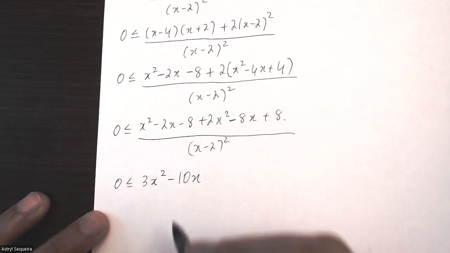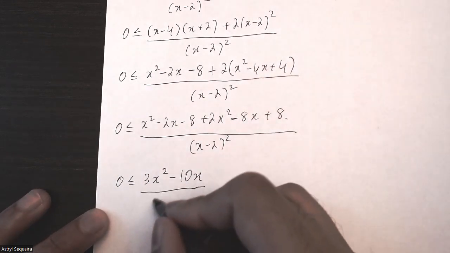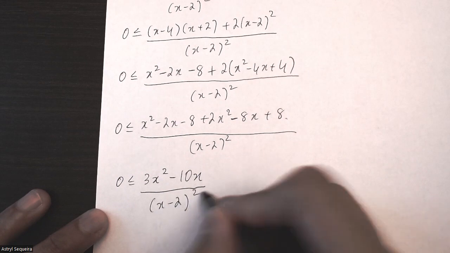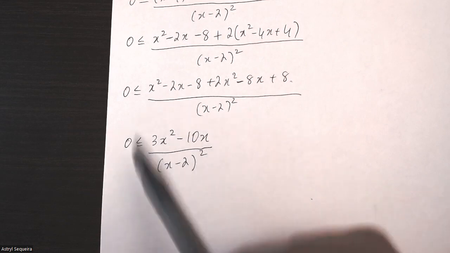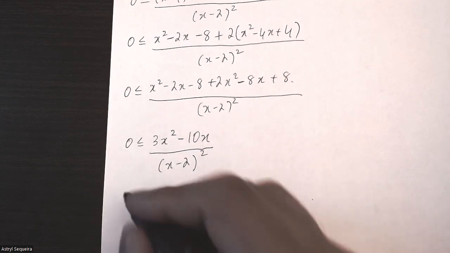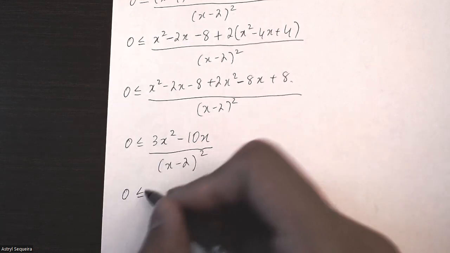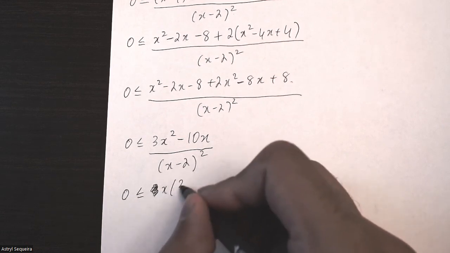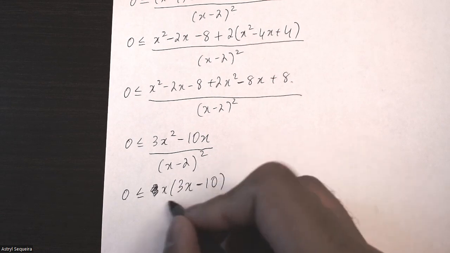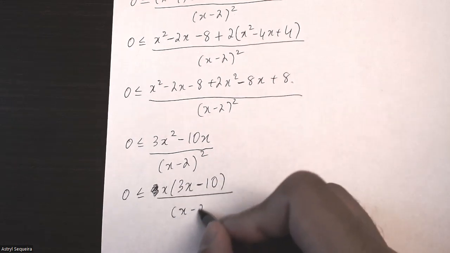Negative 8, positive 8 just cancel out, so there's no constant left. So now I'm left with solving this inequality over here. So before I solve this one, I'll just factor the top. Just x, common factor over there.